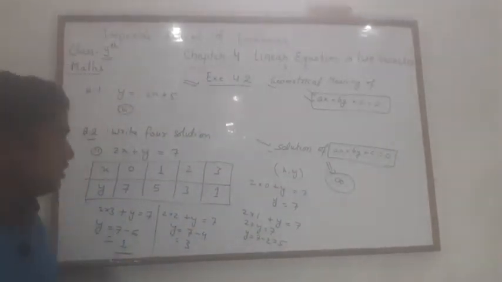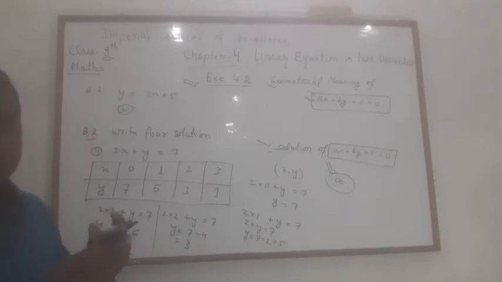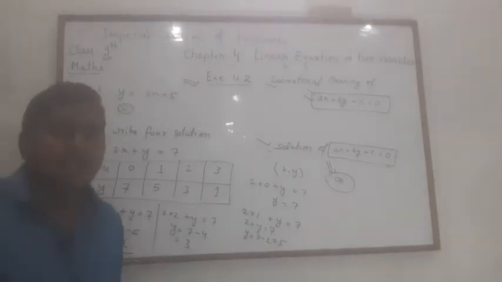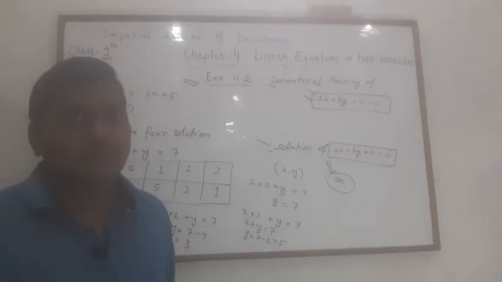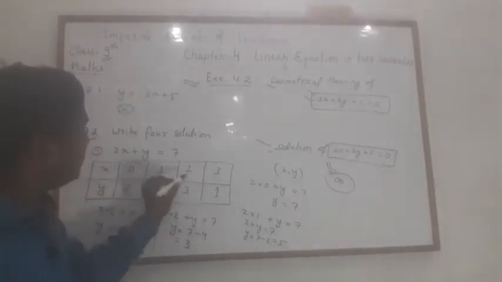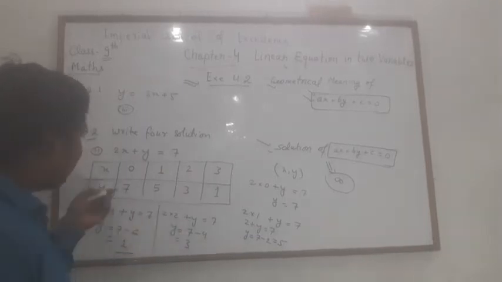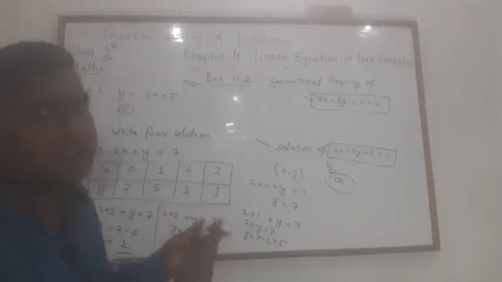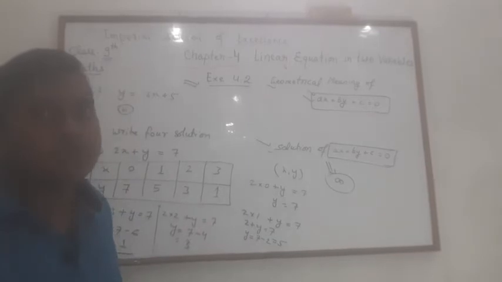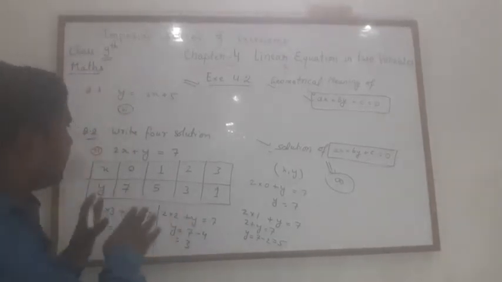By taking any value of x, we will get the corresponding value of y, and this will be a solution. You can take any value of x and you will get the value of y accordingly. Now you are getting my point.